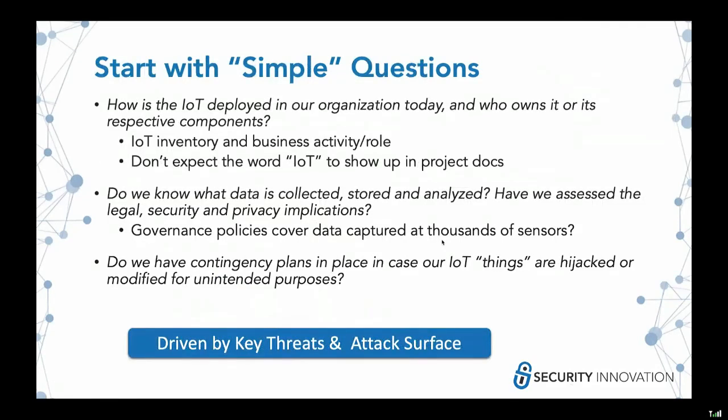So I mentioned a couple of simple questions to start with, and I've provided a few of them here. Again, these are driven by business threats or business risks, and the idea of understanding the attack surface of the system that you're deploying. So the first question that I posit here is, how is the IoT system going to be deployed, and who owns all of the respective components?